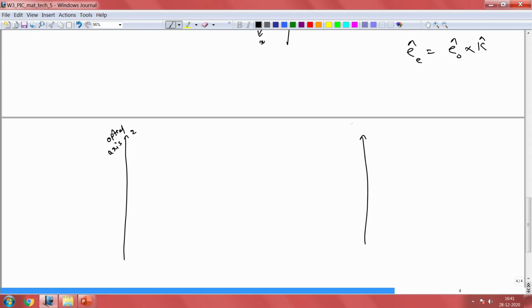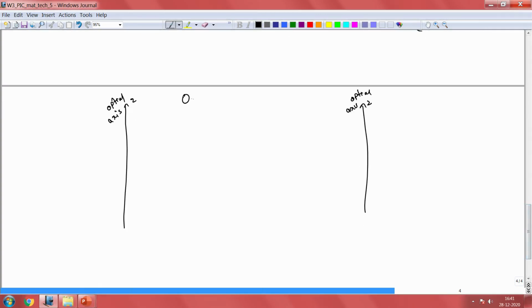So, we have the O wave, let us say, and let us say this is the E wave. So, now for the O wave, E is parallel to D, right, but perpendicular to here, and it makes an angle theta, and this is your K, and this is our H.